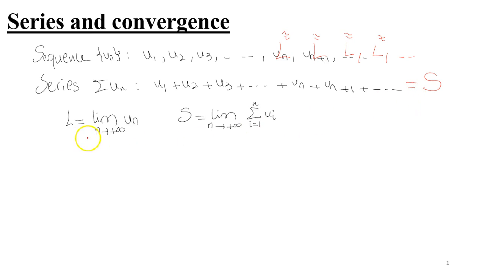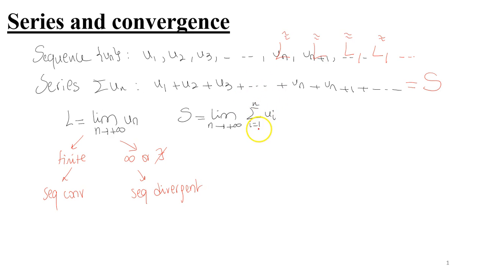If L is finite, we say that the sequence is convergent. However, if the limit of the sequence is infinite or does not exist, the sequence is said to be divergent.